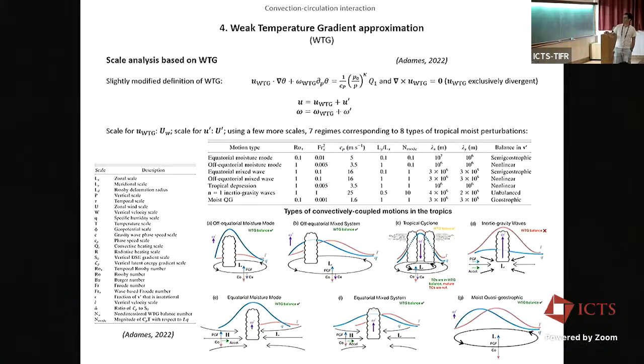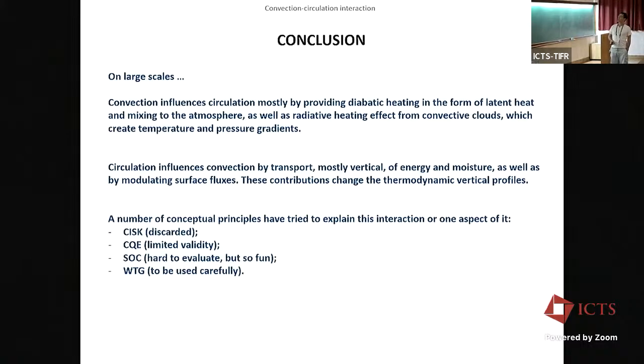And then you have the quasi-geostrophic regime that's also in WTG balance, and then the tropical depressions that are also in WTG balance, but the tropical cyclones aren't. And the inertial gravity waves are not either, of course. But we can find those scalings for all these phenomena, which is quite interesting. If you think it's interesting, you can go to the article.